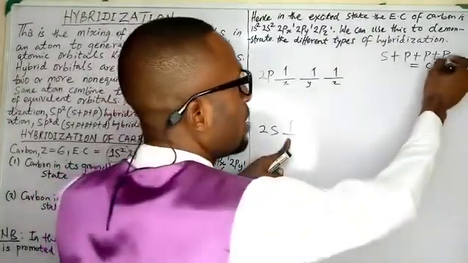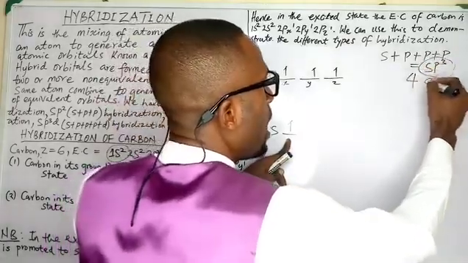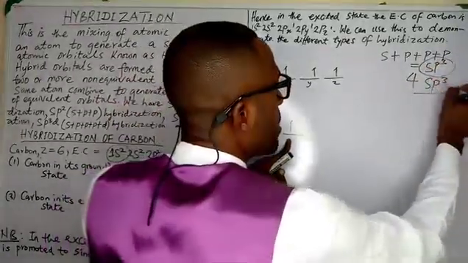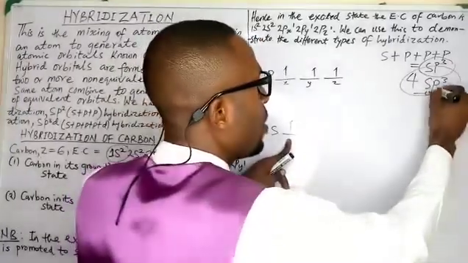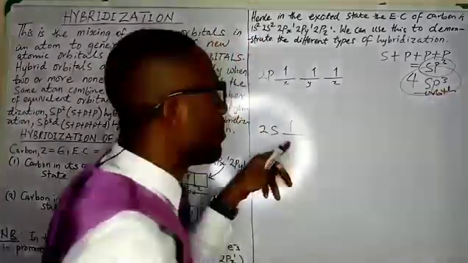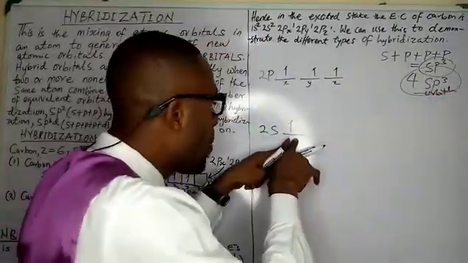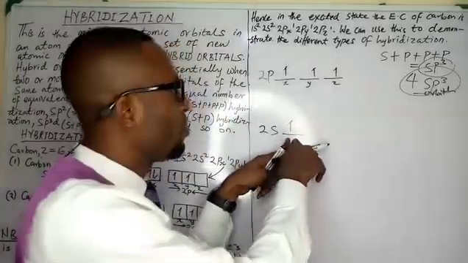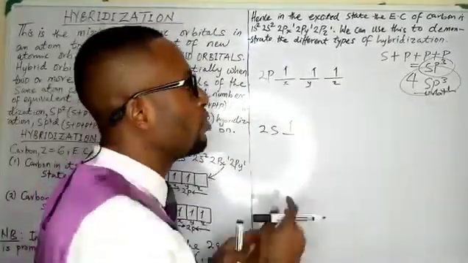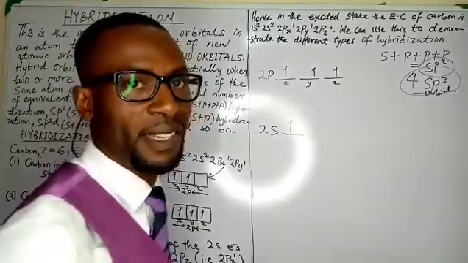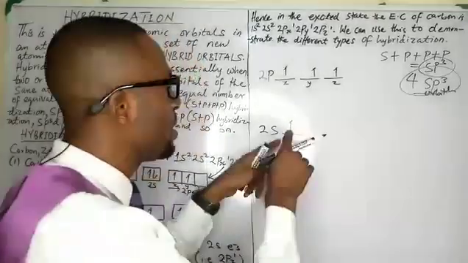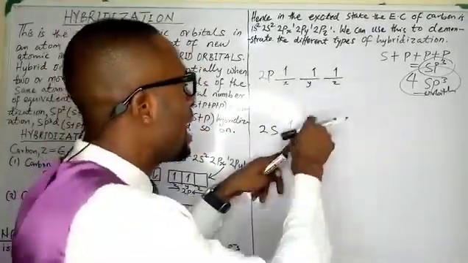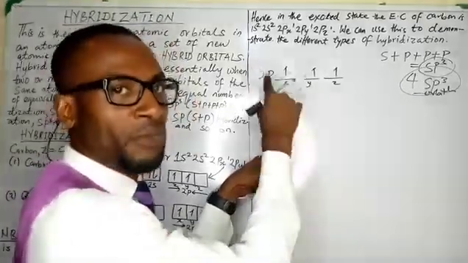We are going to definitely make 4 sp3 orbitals. Why? Because the number of orbitals you mix will equal the number of orbitals you create. But the interesting thing is that these particular orbitals are not equivalent. They are not of equal energy.